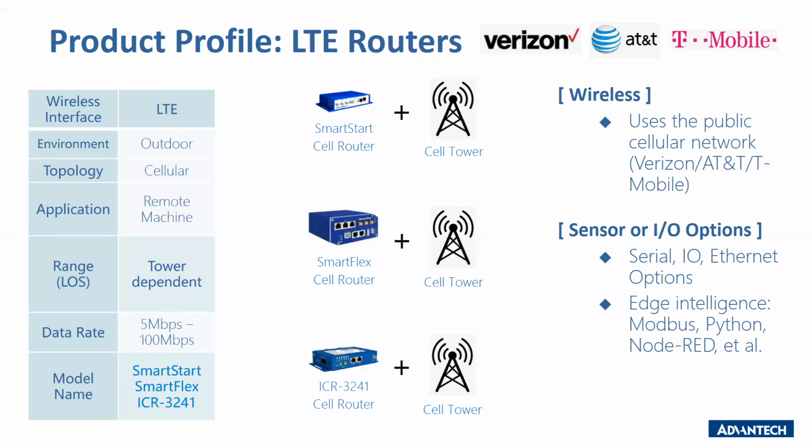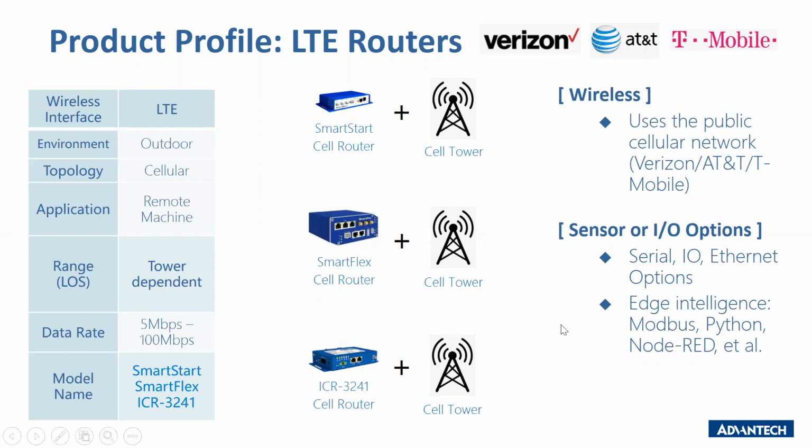You'll see some products, even in some of the Advantech portfolio but certainly from other vendors, that have an LTE "option," but it hasn't gone through the dedicated carrier certification process, which these have. And then two other things: they work on any carrier in North America.